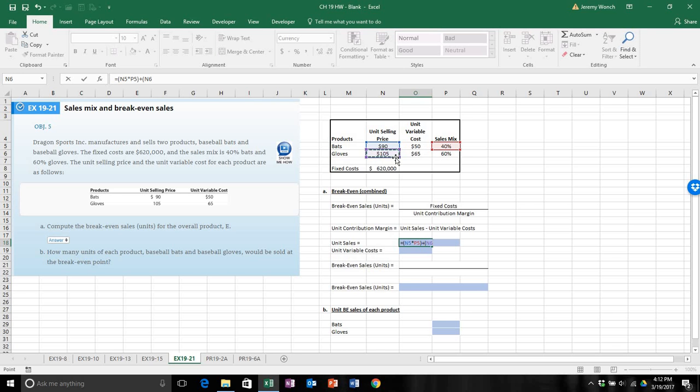Gloves are $105 each, and they are going to be 60% of the mix. So we have a combined unit sales of $99 each.